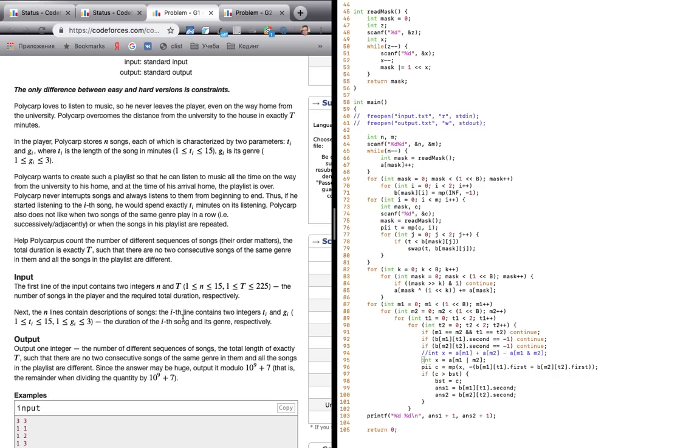We want to count the number of arrays of the songs such that no song is repeated, the total duration is exactly big T, and no two consecutive songs have the same genre.